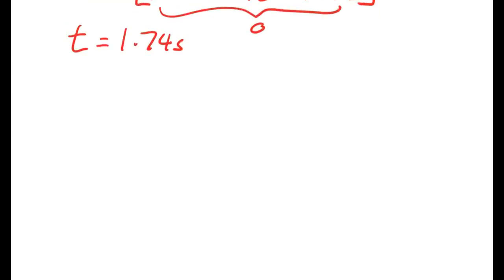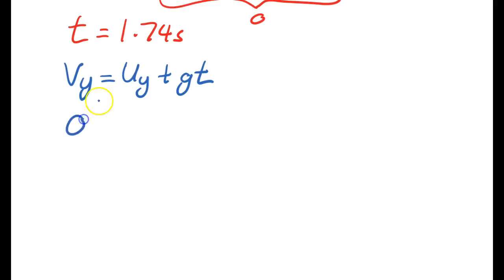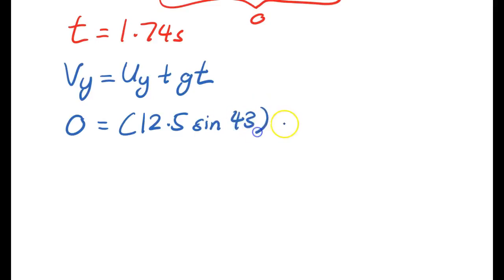And I do realize some of you choose an alternative. For example, using this alternative, I use a blue color to show the alternative. You've been telling me that at maximum height your Vy is 0, which is correct. And your Uy plus g, minus 9.8, t.